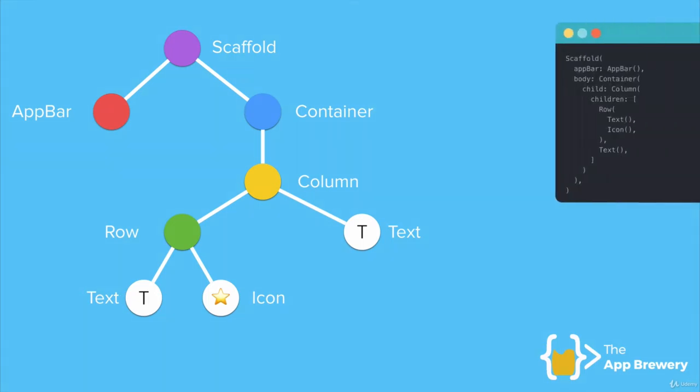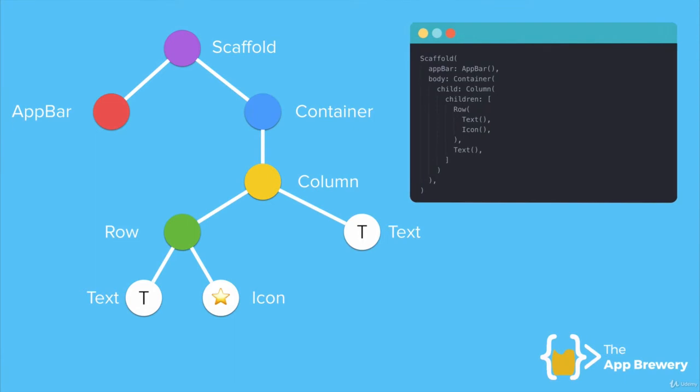And if we were to look at the code for our widget tree, it would look kind of similar, although it would be rotated, I guess. But essentially, we would have all of our widgets nested inside each other. So inside these parentheses for the scaffold, we've got an app bar and a container.